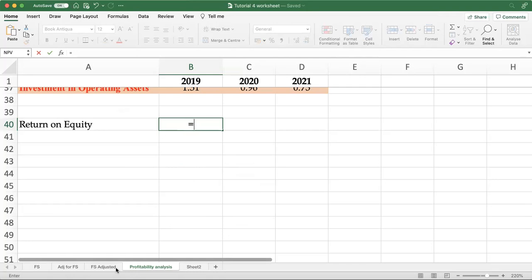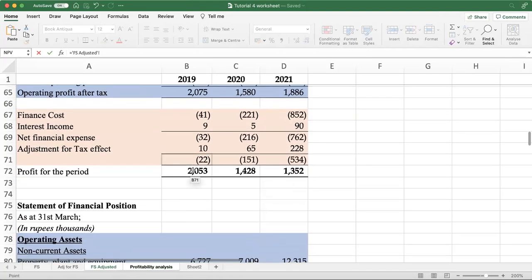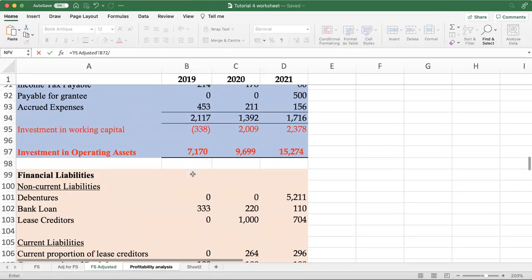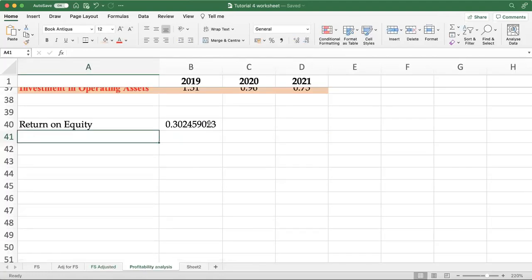So in your financial statements, you see the profit for the period divided by total equity. You see total equity here. So this is ROE.